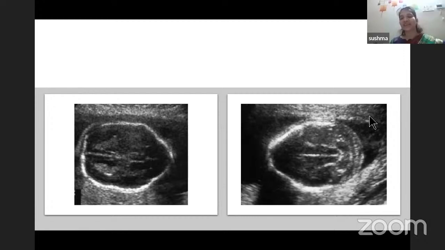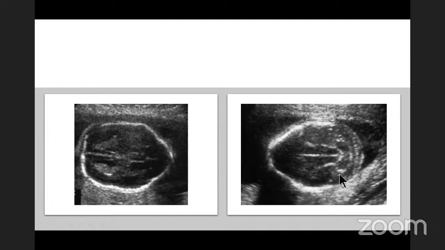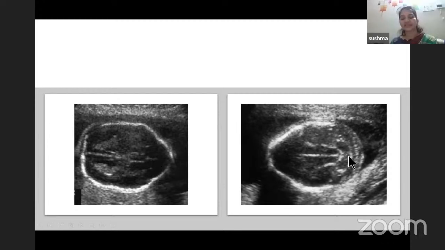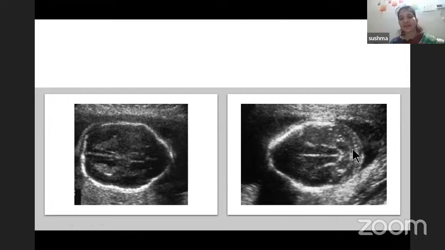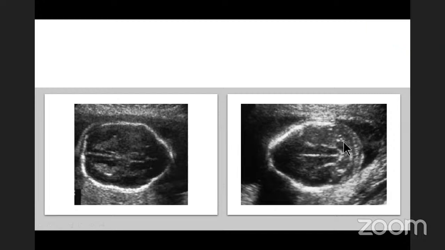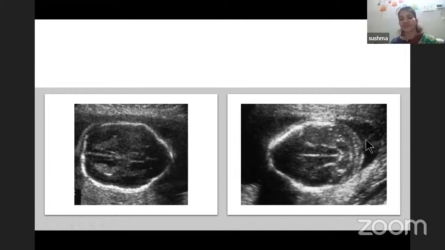Open neural tube defect indirect sign. And what is the sign called? This is the lemon sign and this is the banana sign. Very good. Thank you, Dr. Alka, and Dr. Upma. So this is the lemon sign and banana sign.